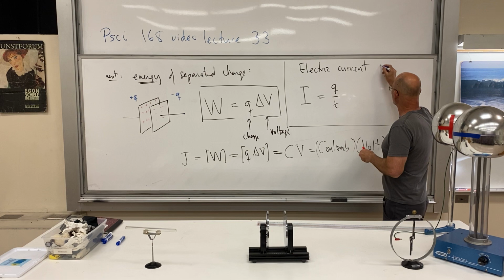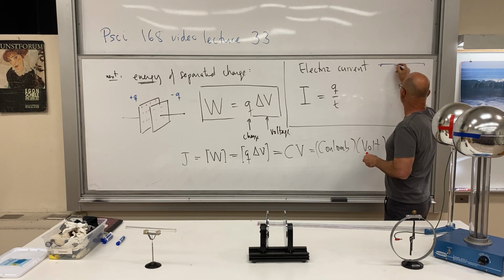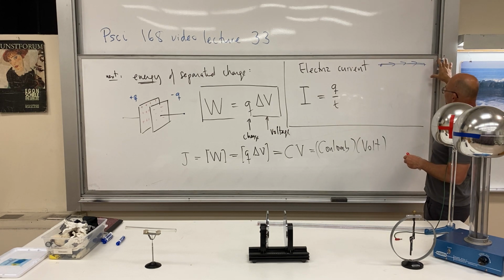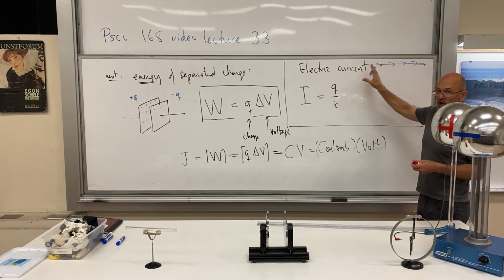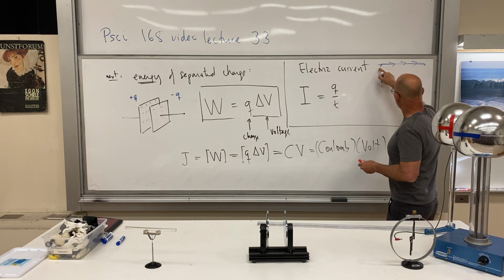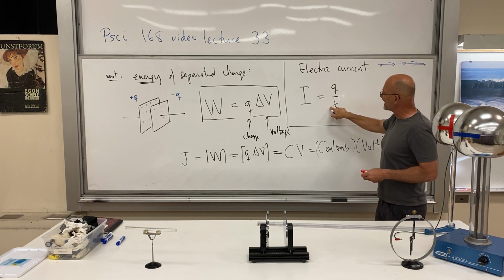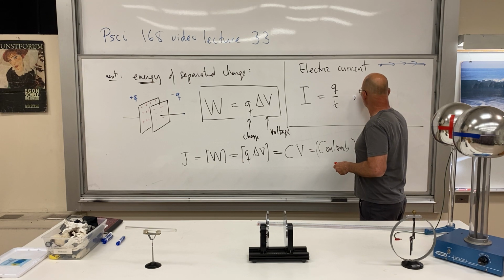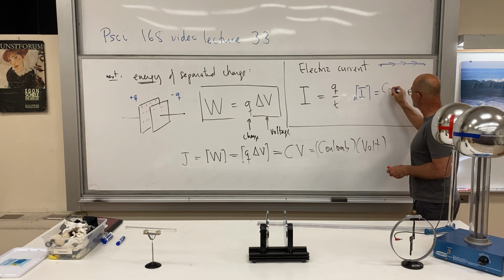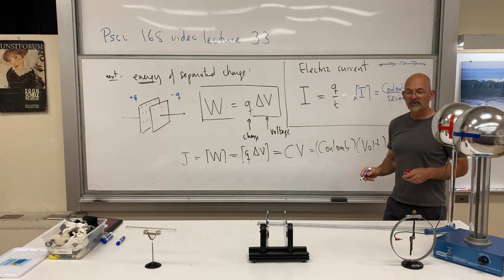The idea is it's flowing, say, along a wire. Here, I'll draw a wire. We've got charge flowing along a wire, electric charge, and a certain amount of charge crosses per second. So the units are coulomb per second, and the coulomb per second has a name.